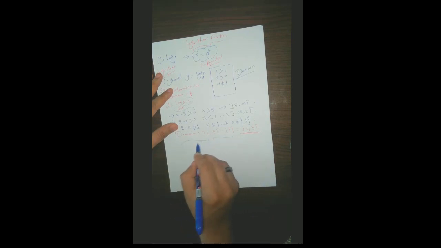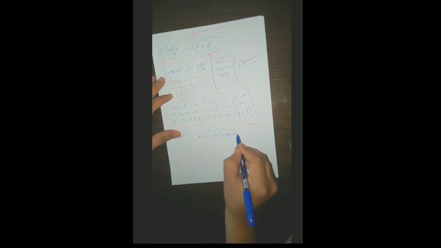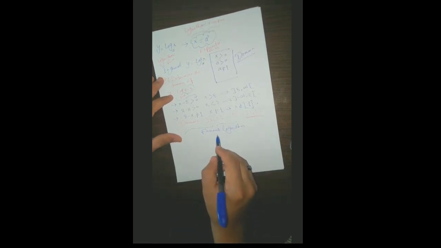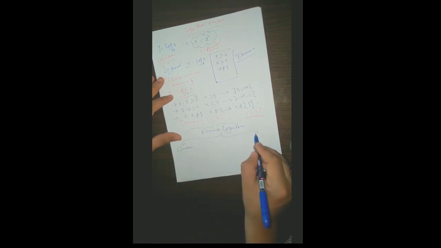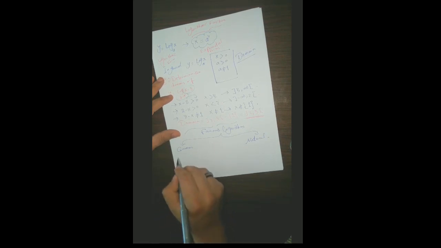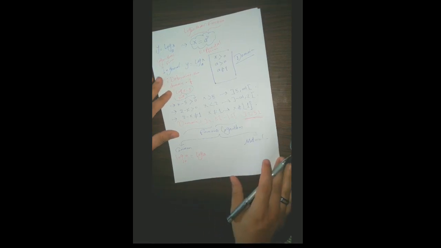Let's move on to the famous logarithms. We have two famous ones. The first is called the common logarithm, and the other is called the natural logarithm. What about the common logarithm? Log a to the base 10 is written as log a directly, and we cancel out 10.